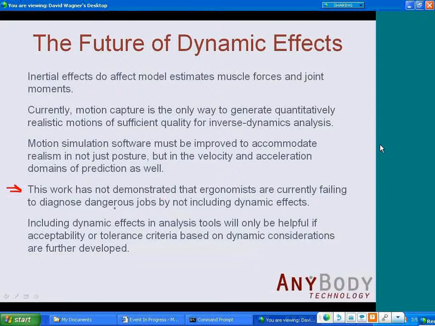Again, including dynamic effects in analysis tools will also only be helpful if the acceptability or tolerance criteria, such as the safe or not safe job criteria based on dynamic considerations, are further developed. And although we have this tool now that can predict, or not necessarily predict, but model what the joint moments are internally, without criteria of whether or not those predictions are safe or not safe, it may not apply.